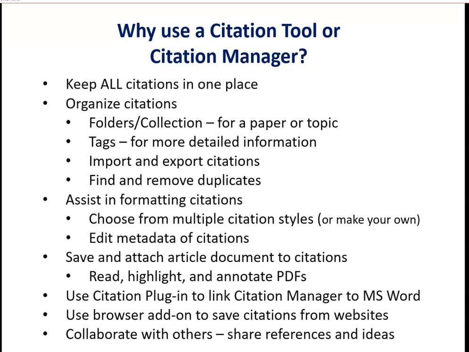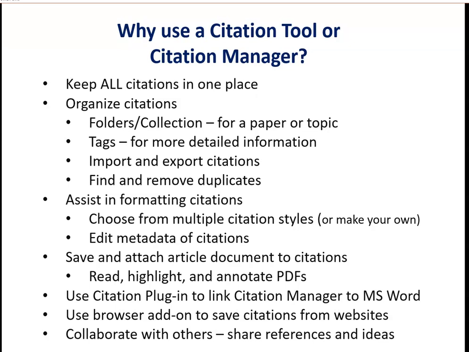You can also save and attach article documents. Often they're going to be in PDFs, so you can read, highlight, put notes, annotate those PDFs. This is great because then you have the PDF right there next to the citation, click on it, and you can read it.